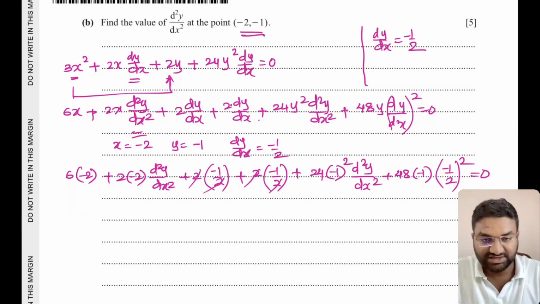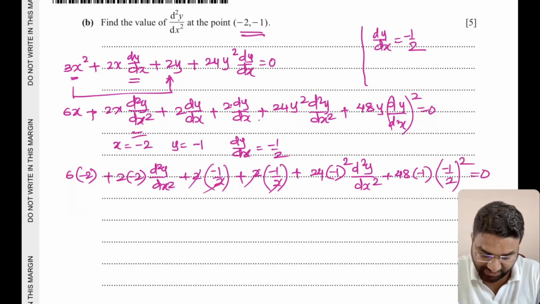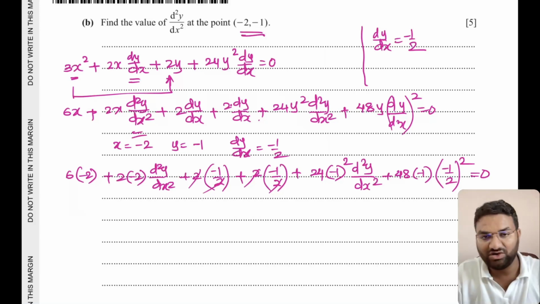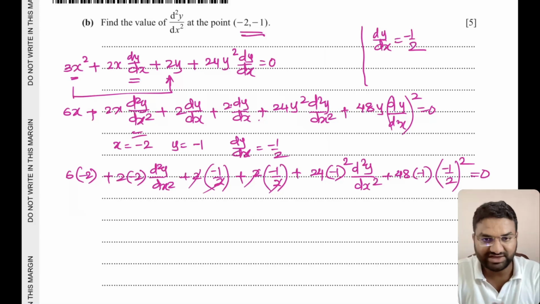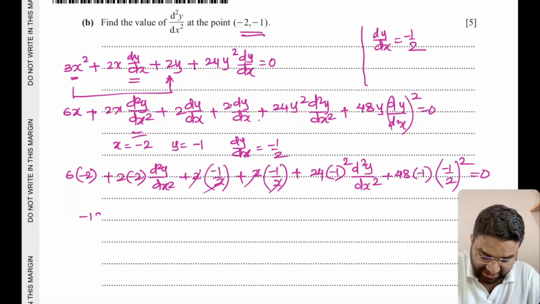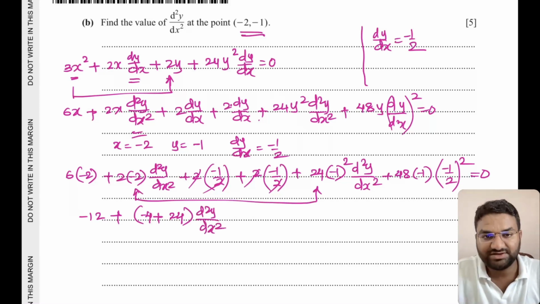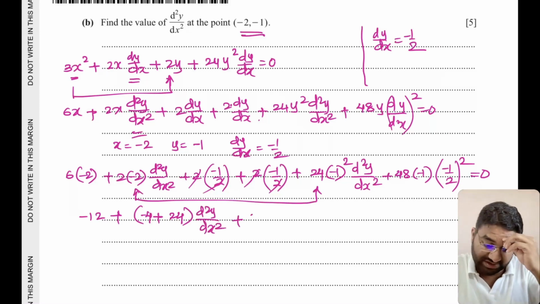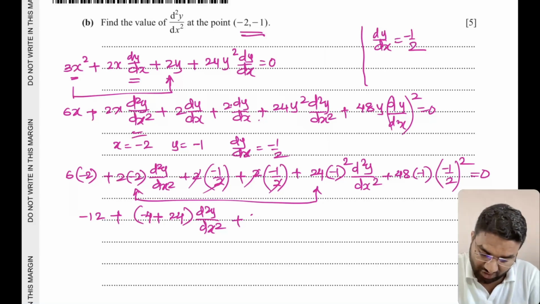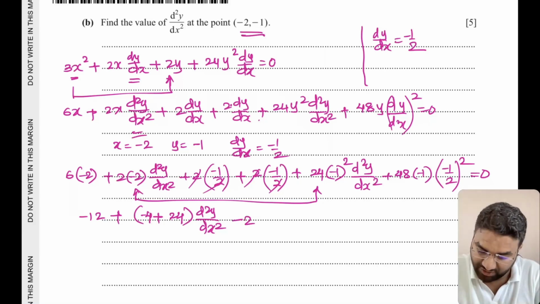Now just keep d2y by dx squared on the left and simplify everything else and transfer it to the right. So it's minus 12, then plus minus 4 plus 24, these two parts with d2y by dx squared. Then plus 4 times negative 1 times negative 1 upon 2, which is negative 2, hmm, then you have 48 minus 48 times 1 upon 4, equal to 0.